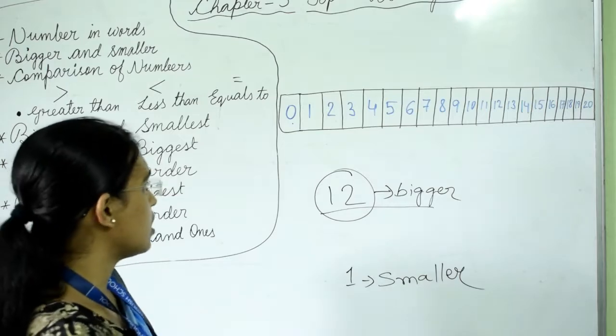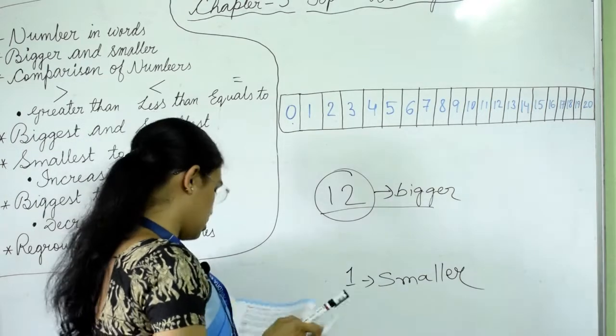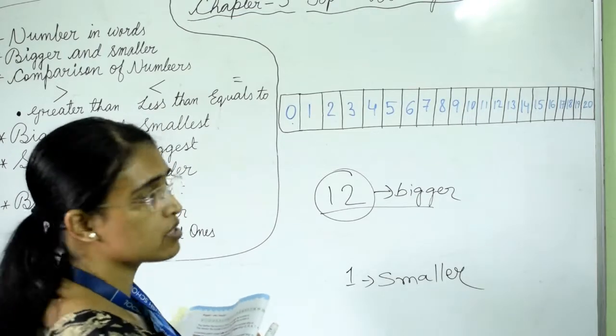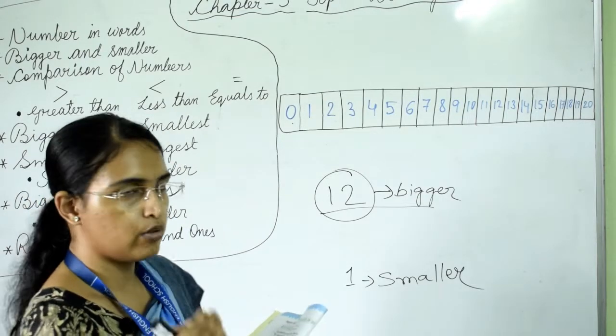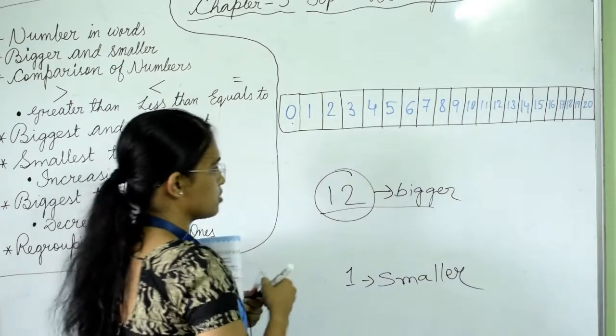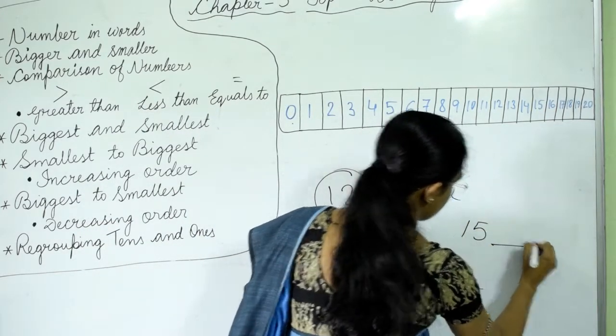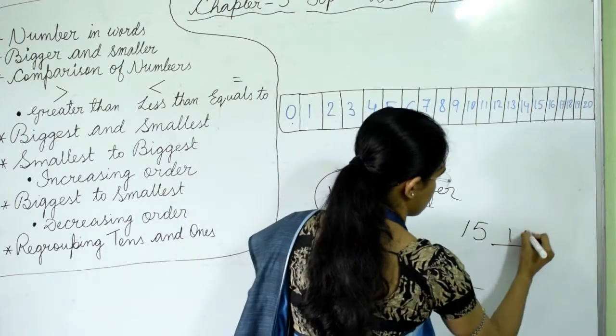Now, another thing: the number which comes after any number. Suppose the number is 15. What comes after 15? 16, right?